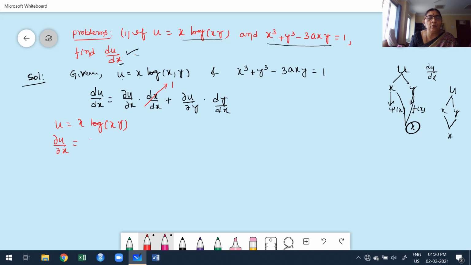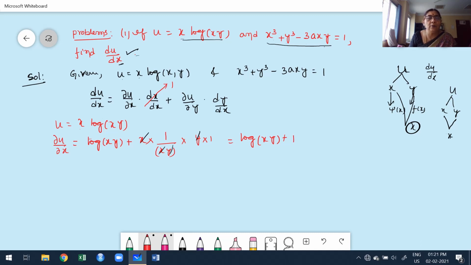From the product rule, the derivative of x with respect to x is 1, into the second function, plus the first function into the derivative of log of xy with respect to x. Here y is constant, so it is 1 by xy into y times the derivative of x, which is 1. Now you simplify that: we get log of xy, x and y cancel, and what we get here is plus 1. Okay, fine.